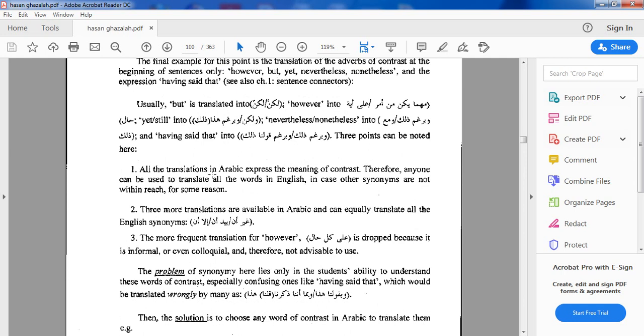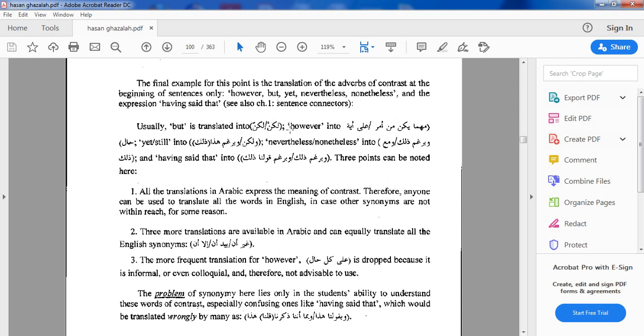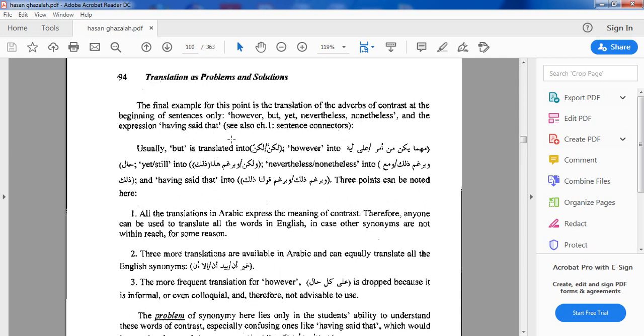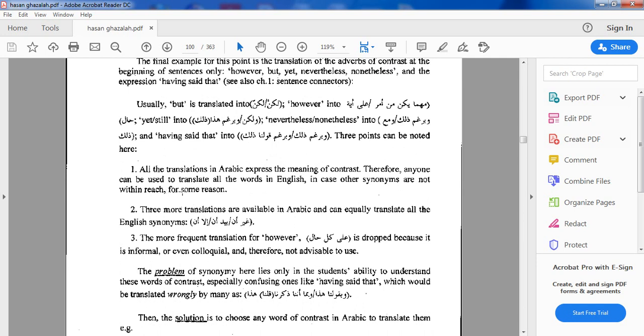All the translations in Arabic express the meaning of contrast. Okay, he talked about those words, however, or yet, still, nevertheless, nonetheless, which he says have identical meanings. But he notes 3 points.